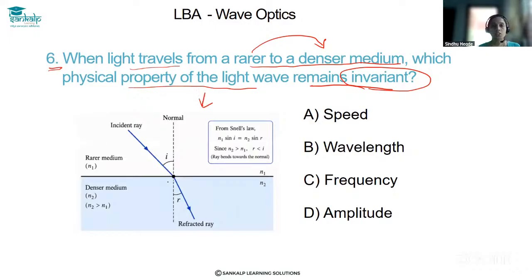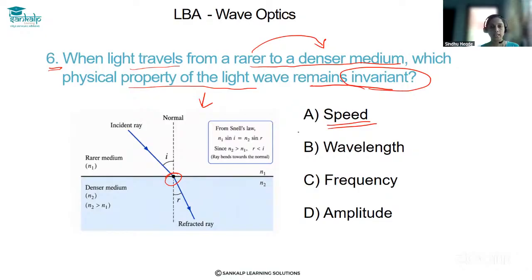Look at this image. This is the image which represents light traveling from a rarer to a denser medium. As we know, when light travels from rarer to denser, it changes its direction and bends towards the normal. Bending towards the normal represents that there must be a change in speed.